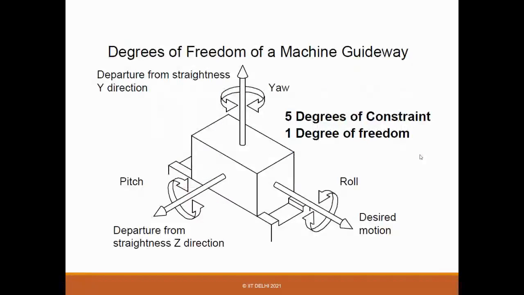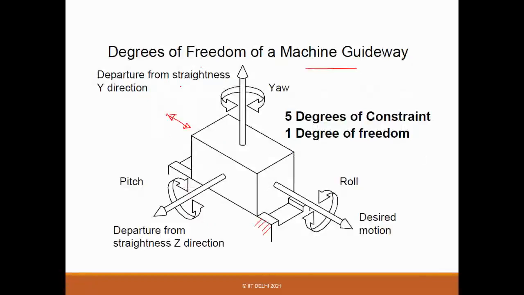So if you are talking about a machine guideway, any lathe or any kind of motion system, generally what we want to have is, this is the base and this is the slider. So what we want is, this should be able to move in this direction. Linear, right?